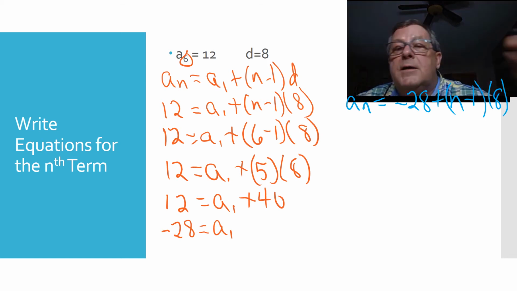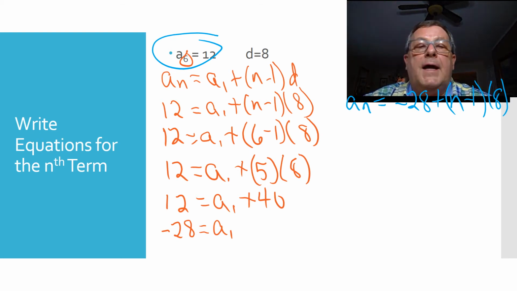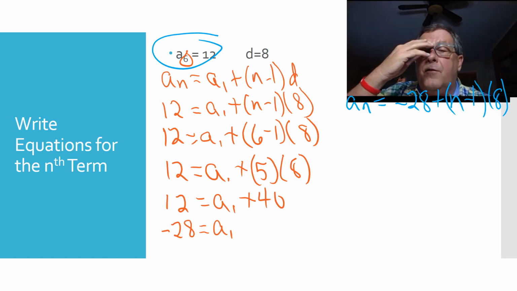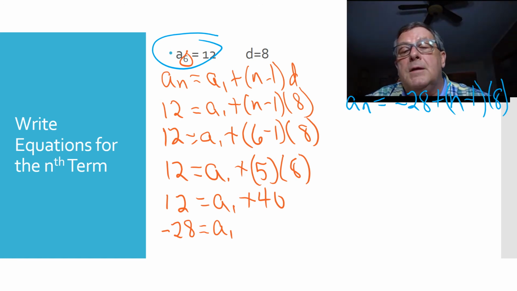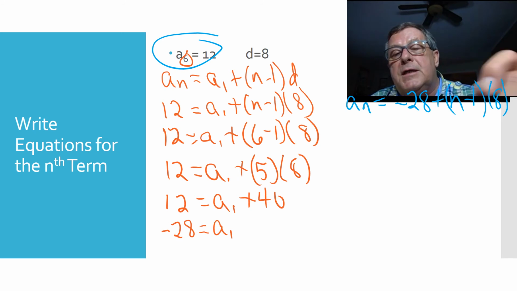Now, here's the thing. The 6th number in the sequence is 12, but that doesn't necessarily give me anything for every number in the sequence. So I'm not going to substitute 6 in for n, because I'm trying to get an equation that will find any number in the sequence.